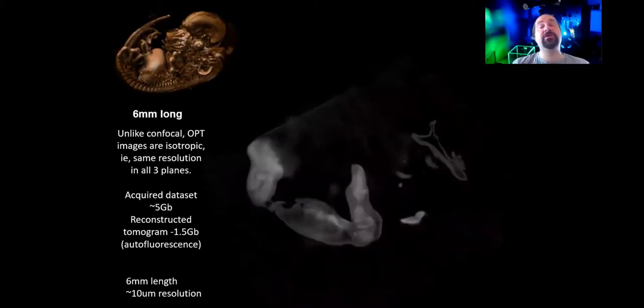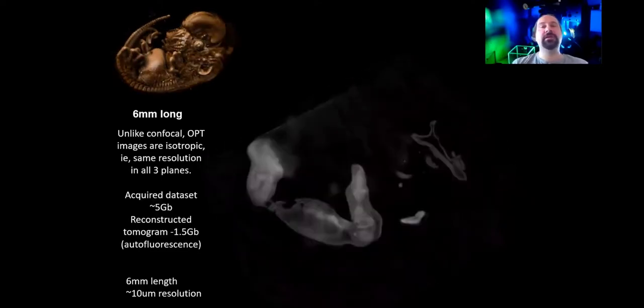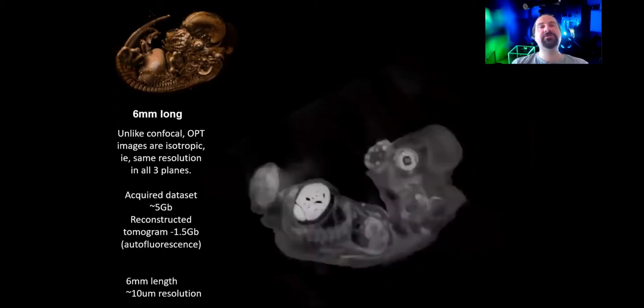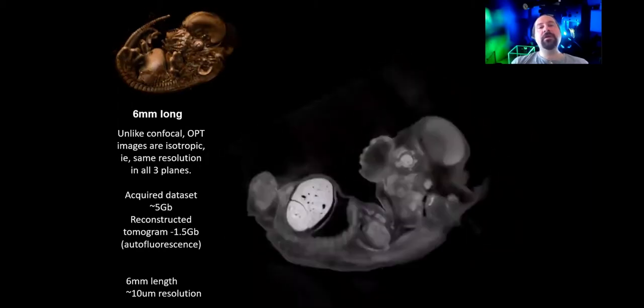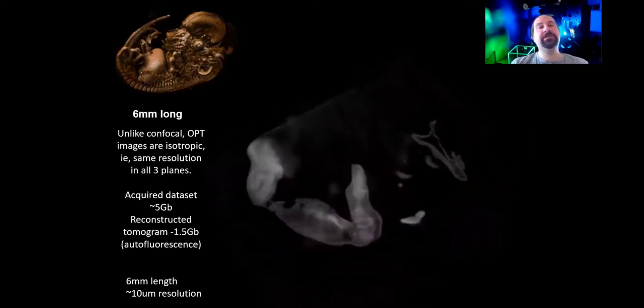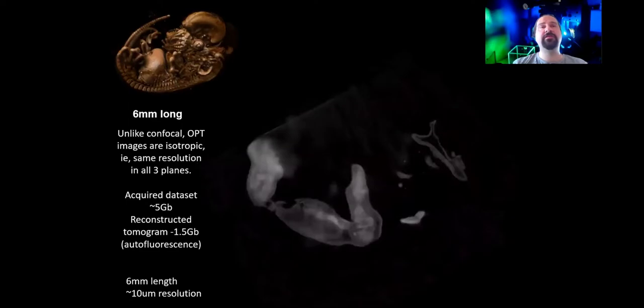But that's computationally cumbersome. It takes quite a while to do, depending on the size of your sample and the level of resolution that you're trying to achieve with light sheet microscopy. With optical tomography, you don't have to worry about that. Because you're imaging through all of the angles of a sample rotating, you can see it from all of the angles.